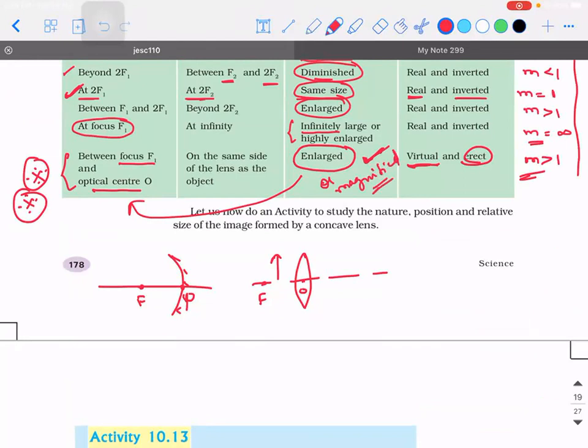If they use the word magnified, don't get confused. So you'll get an enlarged or magnified image with respect to a convex lens when the object is placed between the focus and the optical center. Is there any doubt till this point? Is there any question that you have already had in the exam which confused you? Is there anything you want me to stress and explain?